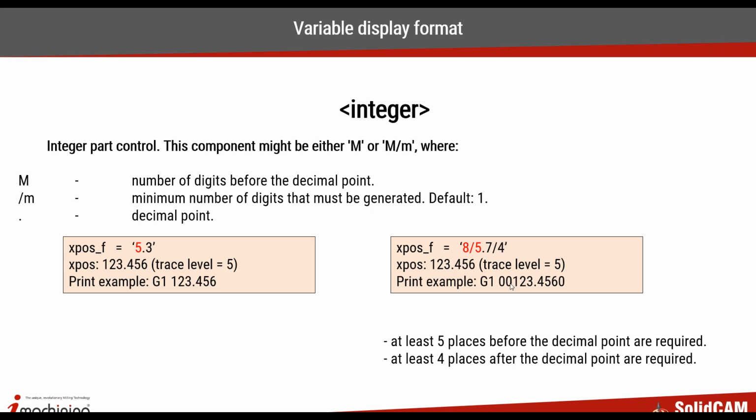So you will get 0, 0, that are the 2 empty spaces that we have, and then 1, 2, 3, that is from the coordinate. So we have to fill these 5 spaces, like this says, at least 5 before and 4 after.